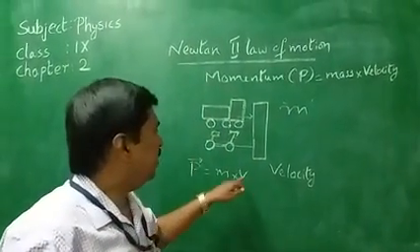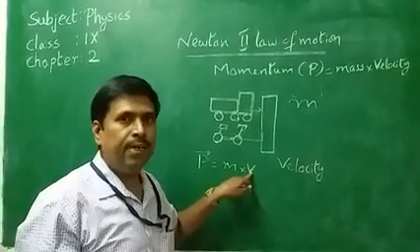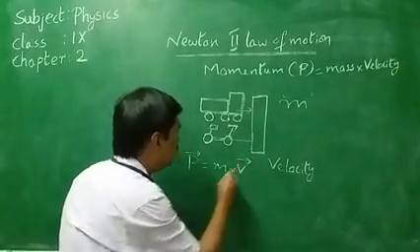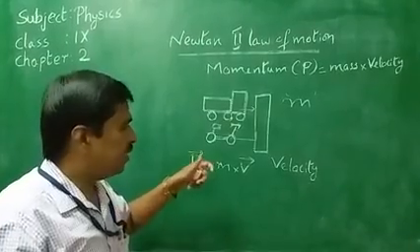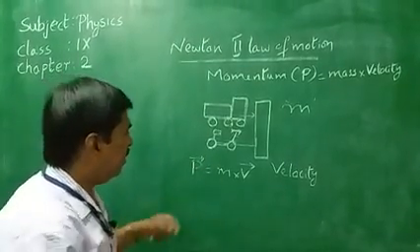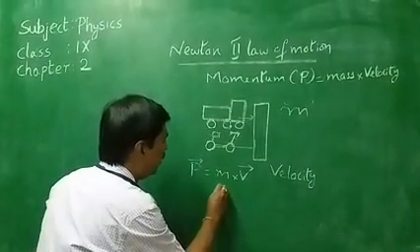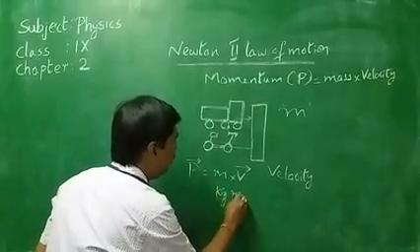This velocity is a vector quantity. Already we have learnt about scalars and vectors in chapter 1. So velocity is a vector quantity, so momentum is also a vector quantity. So what are the SI units for momentum? Basing on this, the SI unit of mass is kilogram and velocity is meter per second.